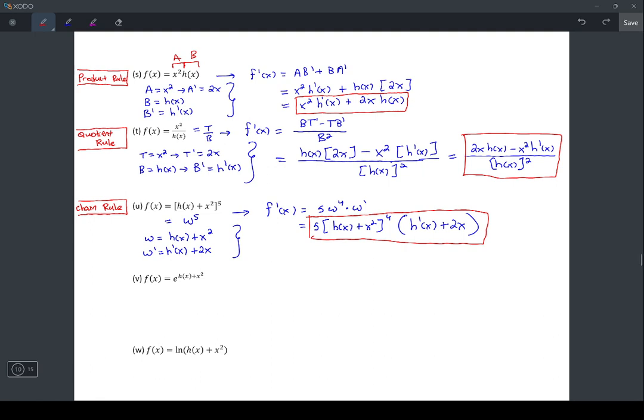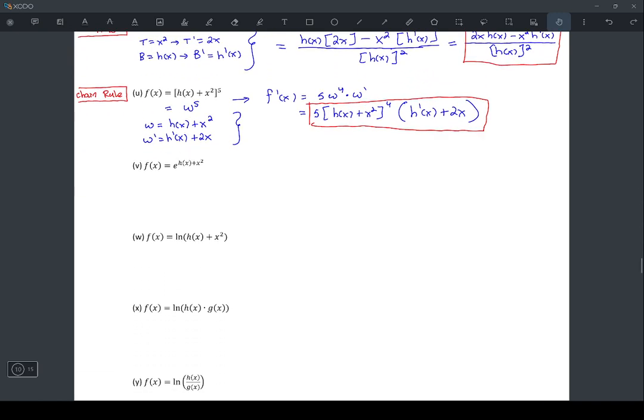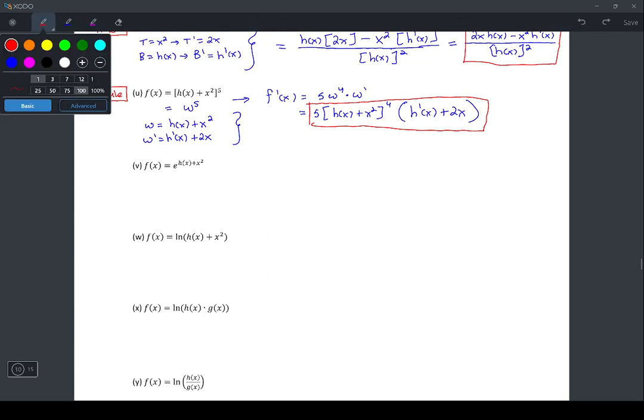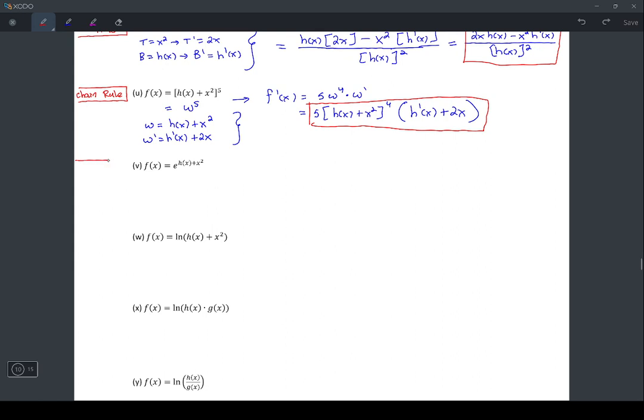Okay, the next problem is an e to the w type of problem. It's an exponential derivative. w is equal to h of x plus x squared.